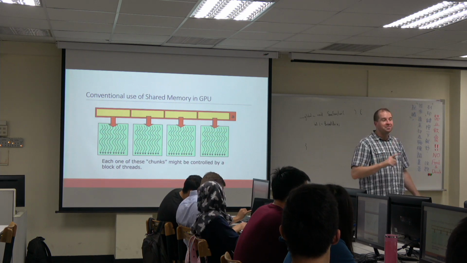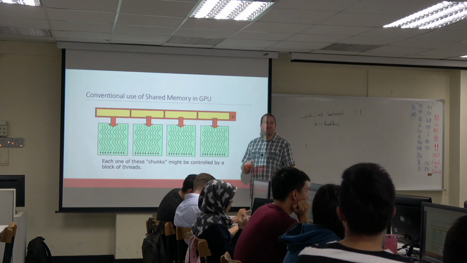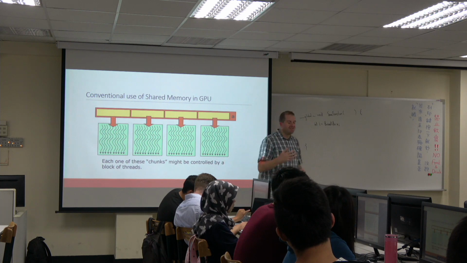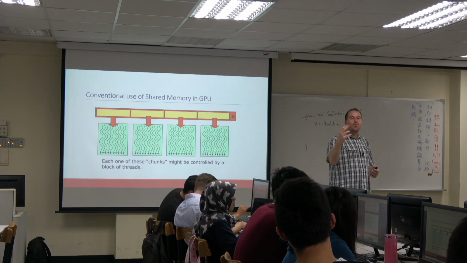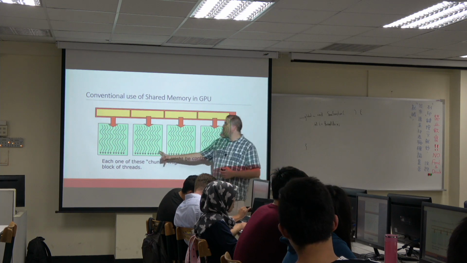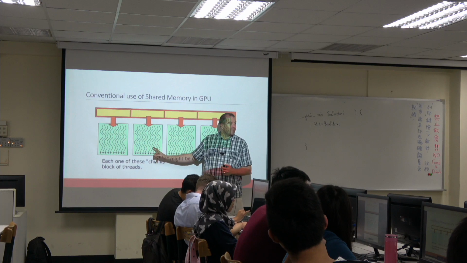Now, this is dangerous. Why is this dangerous? Let me tell you why. If we want to use a sharing approach to let threads see another thread's shared memory, we need to be careful, because this thread here in the middle can see the shared memory of the threads on its left and right. That's fine.